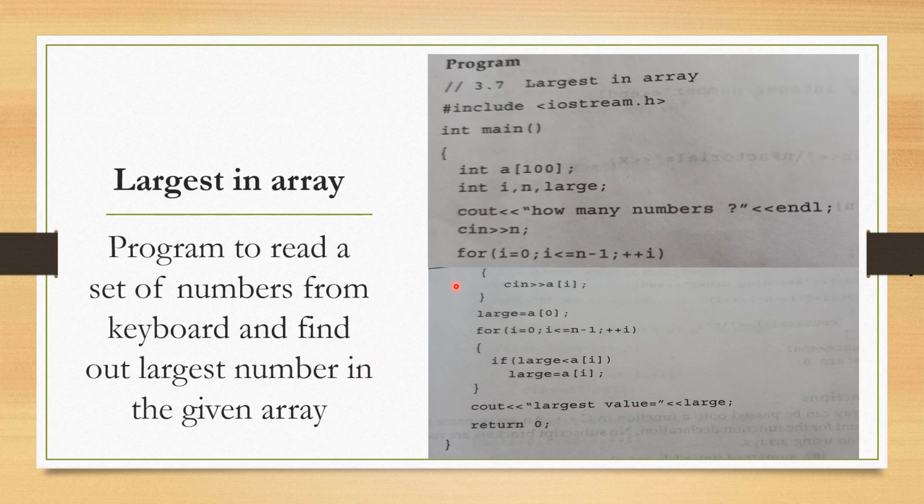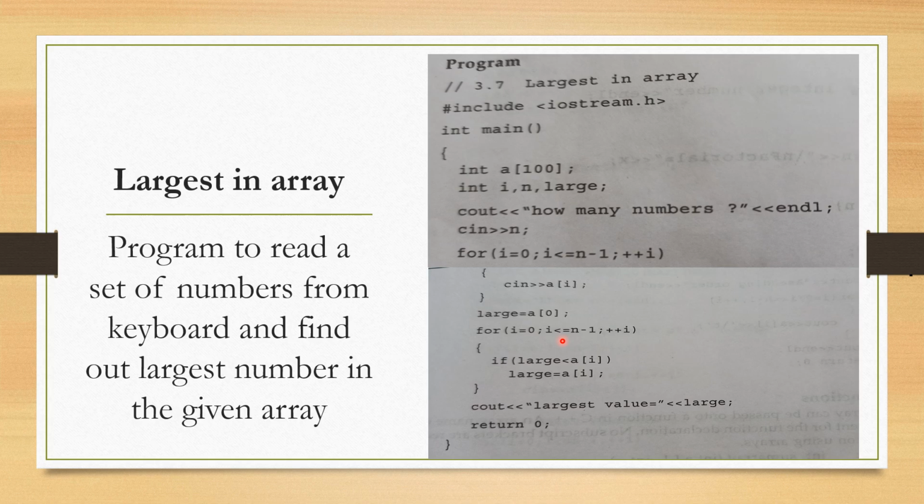So the numbers are stored here, whatever you keyed in, 15 numbers. Now you have to compare them one by one and find the largest number. This is again a for loop from 0 to n-1. The first number is A0. Suppose A0 is less than the next number, then the next number is higher, so move that number here.